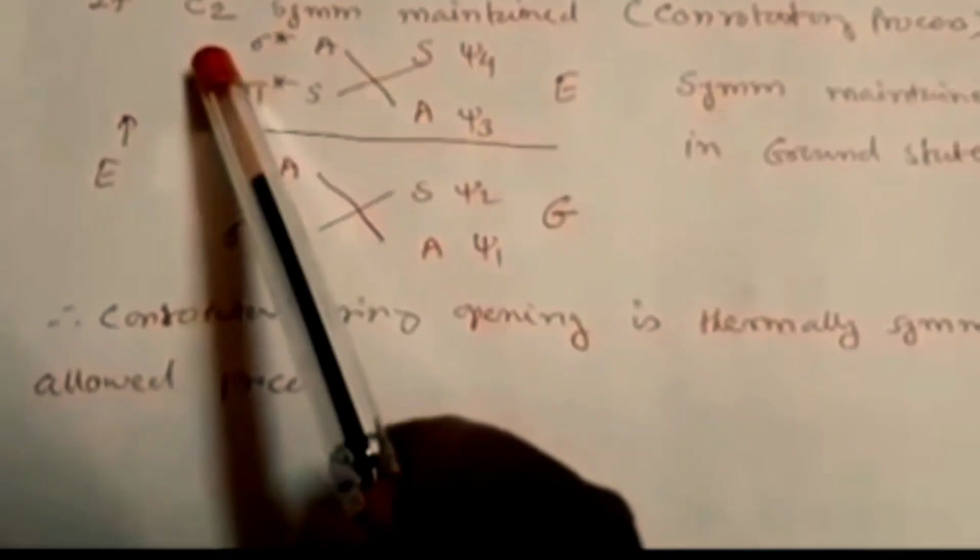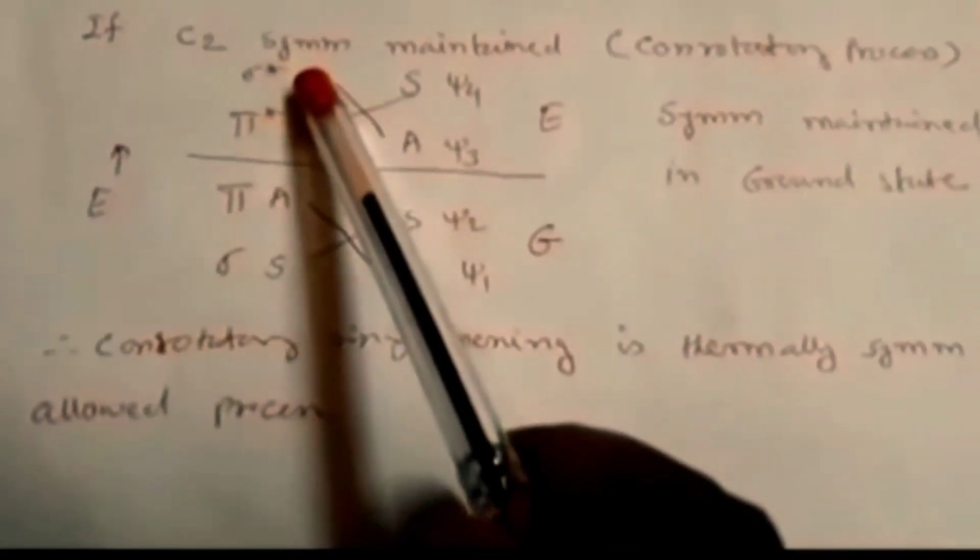Now the symmetry properties along this C2 axis of symmetry we already discussed in part 2. Here I just summarize it on the page. Sigma and sigma star with respect to the C2 axis of symmetry are symmetric and asymmetric.